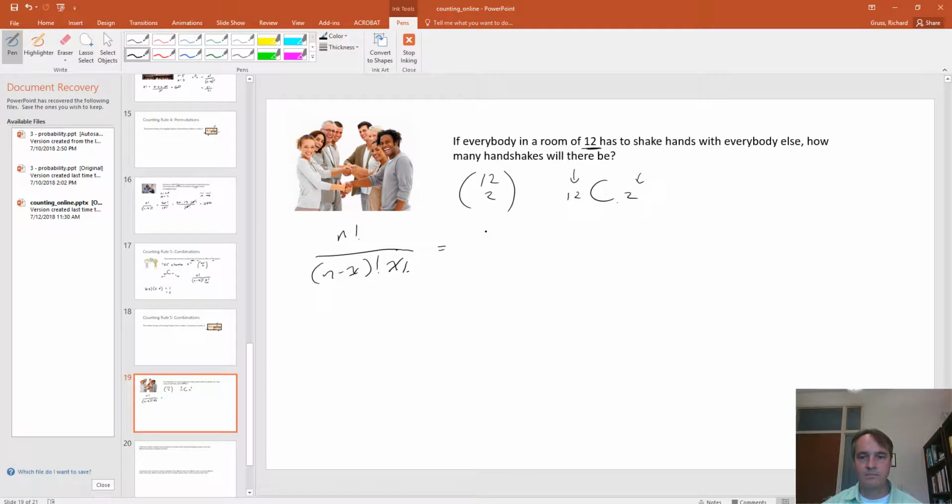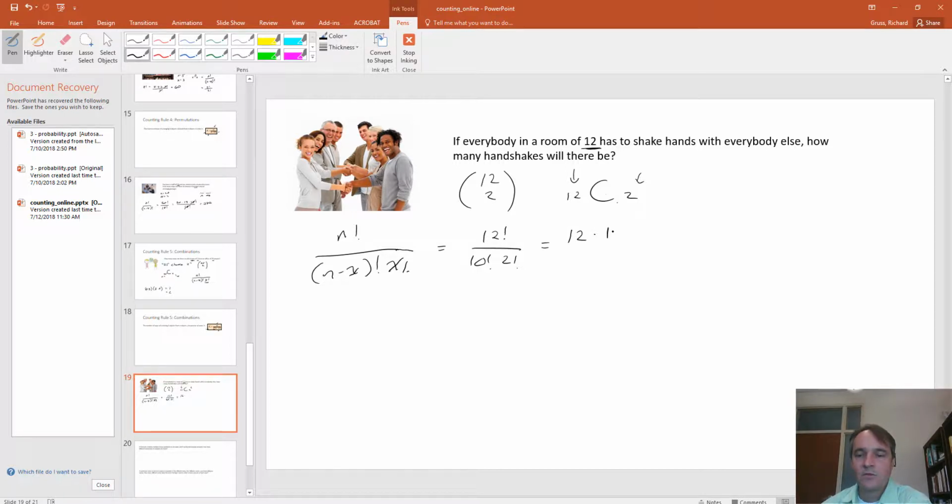This is our n, this is our x. So we're going to have 12 factorial, and then n, which is 12, minus 2 factorial, so 10 factorial, and then x, which is 2 factorial.